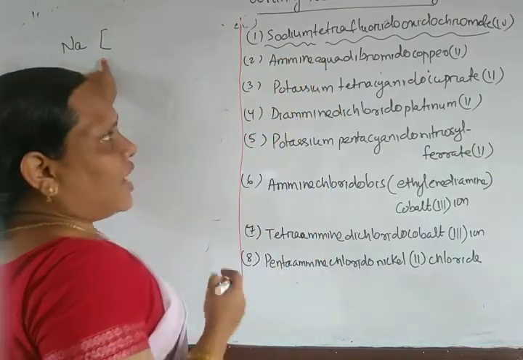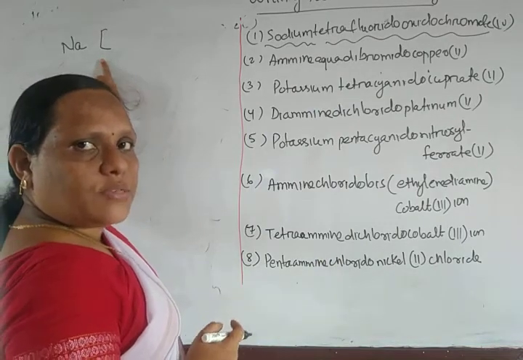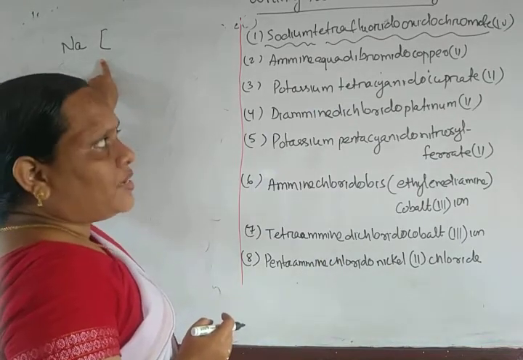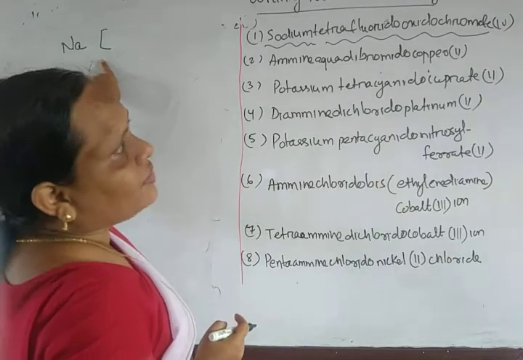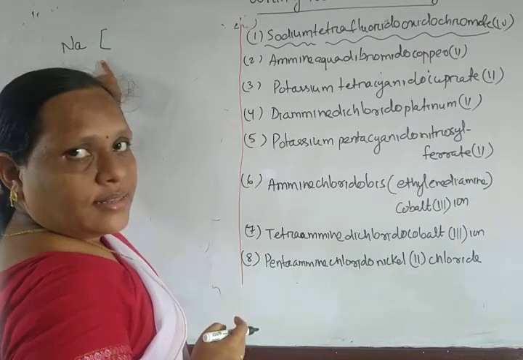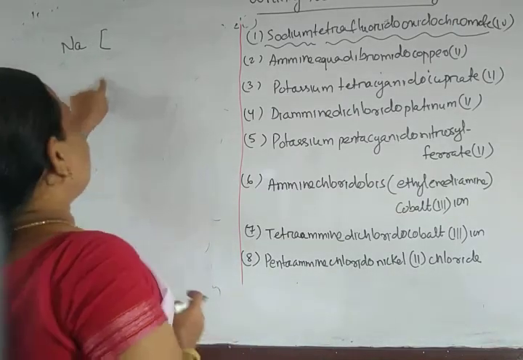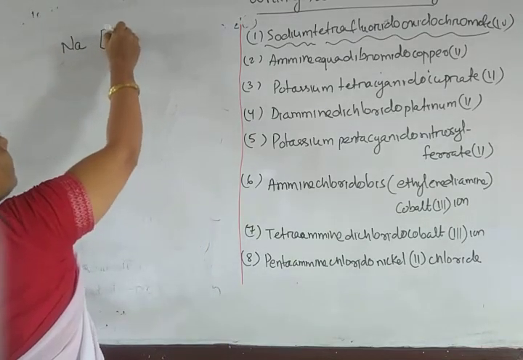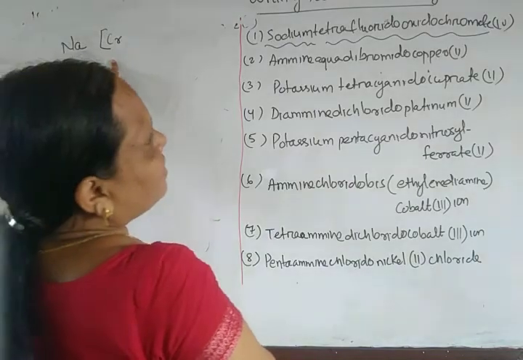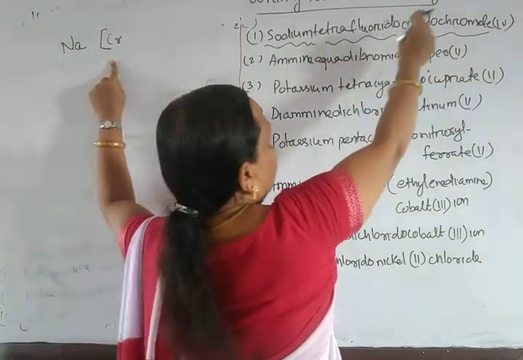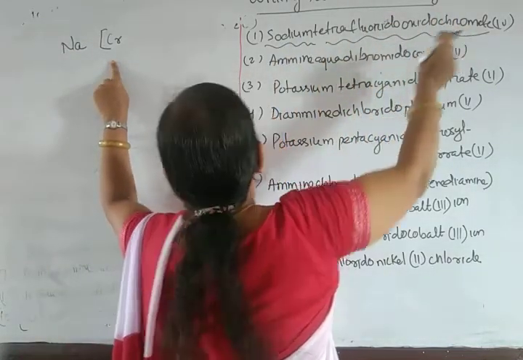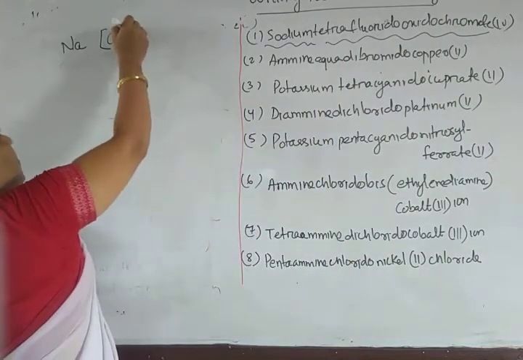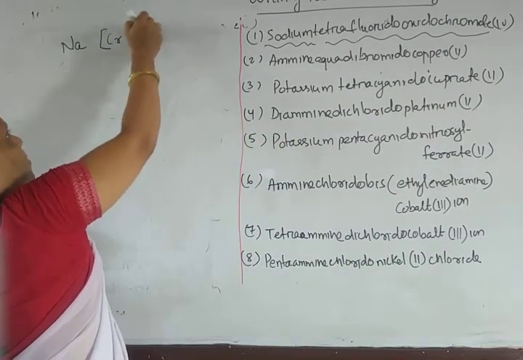So in alphabetical order, fluorine comes first, then oxygen, that is oxido. So first chromium, the central metal atom. Sodium tetrafluorido, oxido, chromate. So Cr, then F4, then O.